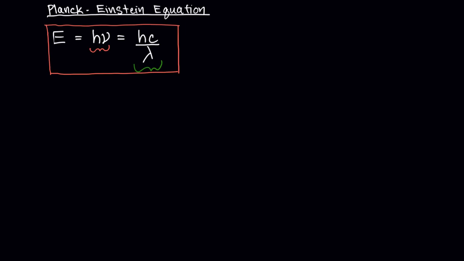I just want to define all of the variables here to make sure we're all on the same page. Energy is given by the symbol E, and it's measured in units of joules, which have the symbol J. H, as I said a second ago, is a constant called Planck's constant, and it comes up a lot in chemistry.